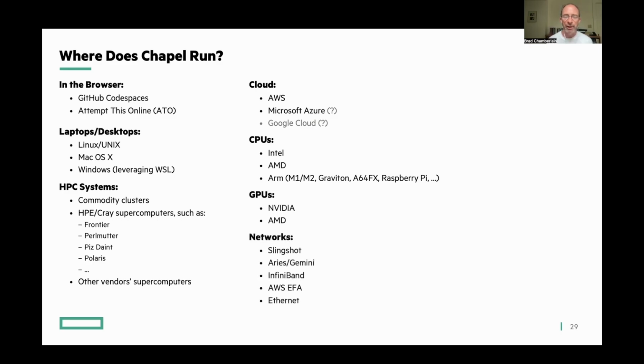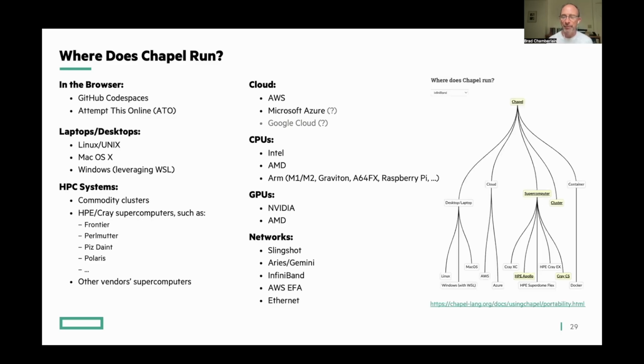And we target all of the major networks people use, from high-performance networks like Slingshot down to commodity networks like Ethernet. If you go to the Chapel website, there's a portability page that has all this information and also has this little schematic where you can dial up different aspects of what you're interested in, and this little visualization will show you where to learn about that configuration.